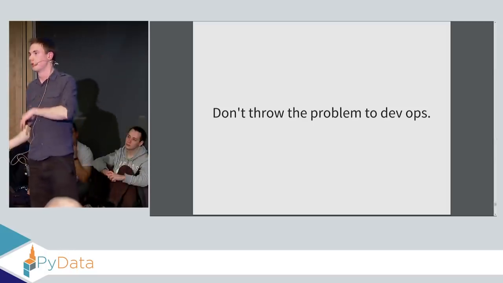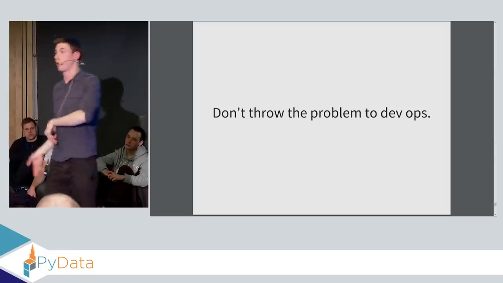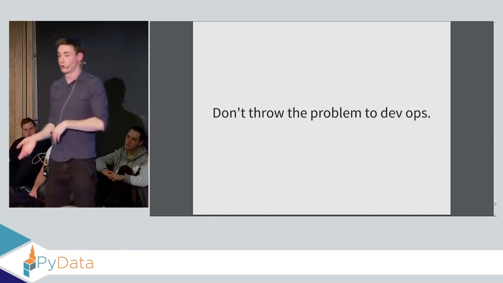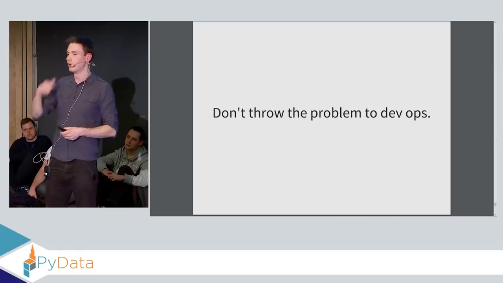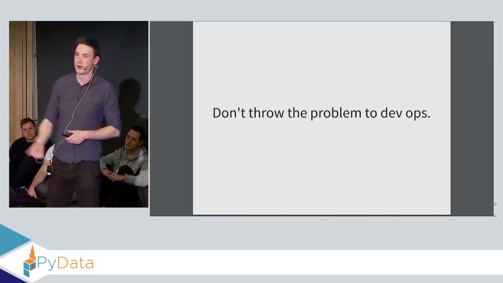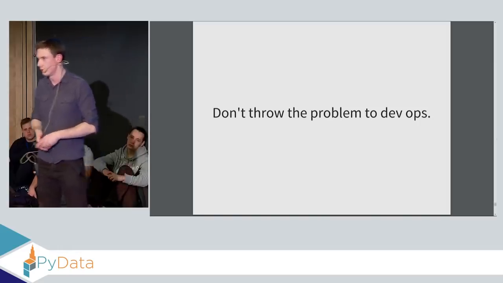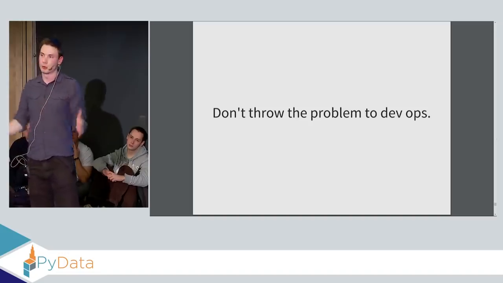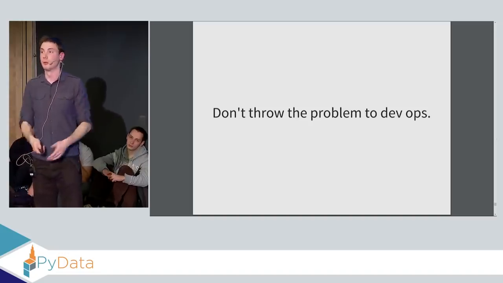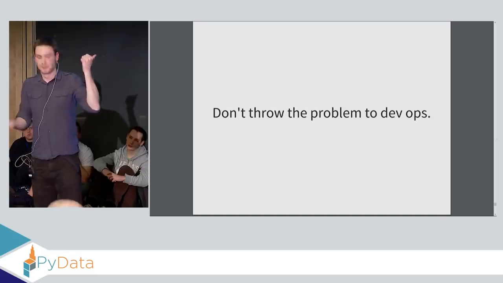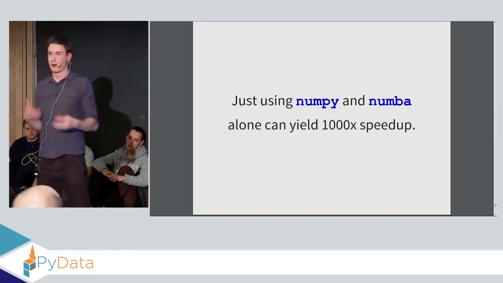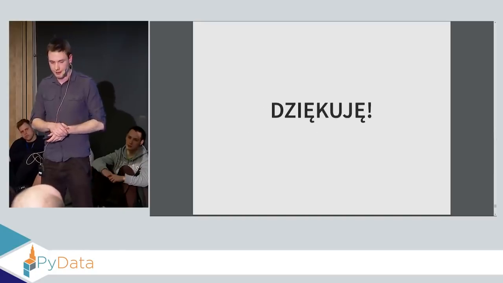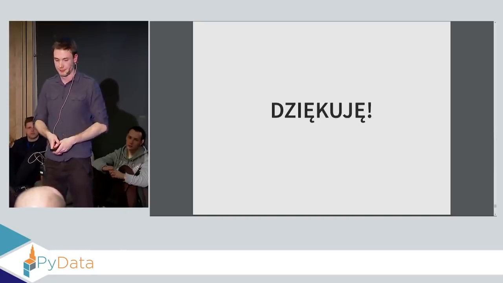Really, all you're doing when you parallelize to a cluster immediately is throwing the problem over the wall to DevOps, because as soon as you parallelize using a cluster, you have all the issues around distributed system guarantees, failovers, all those types of things that you need to deal with. Suddenly you're making the problem way more complicated when you could have just sped it up by using numba.jit. Just using NumPy and numba alone can yield thousands of times speedup. So I encourage you to try these types of tools first. And that is the talk. Thank you very much.